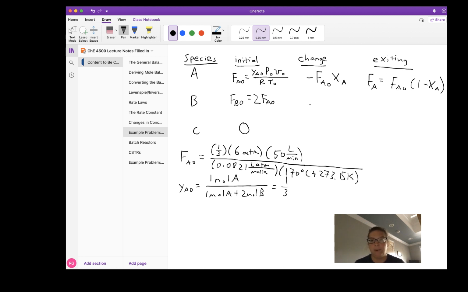So similarly for B, B is a reactant, so the change is going to be negative.